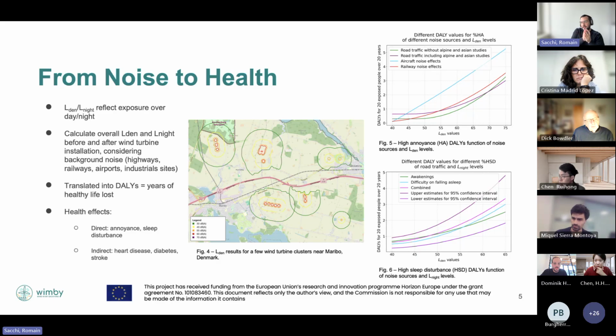And by profile, I mean how the sound distributes over the 8 octaves of the sound spectrum. And so we see that with an increase in LDEN values, we have an increase in DALYs, although the relation is not necessarily linear. These curves are for DALYs caused by high annoyance, when you're simply annoyed by the noise. And these curves are for high sleep disturbance, but we have curves for other types of disease.